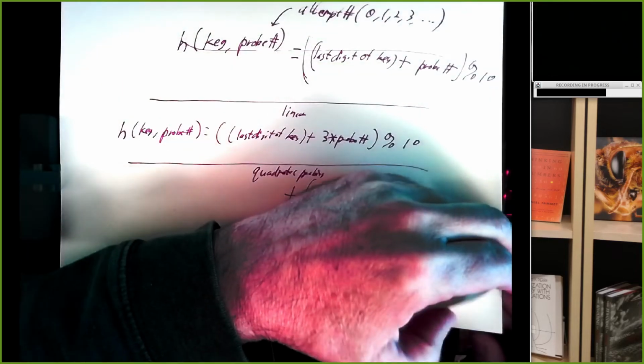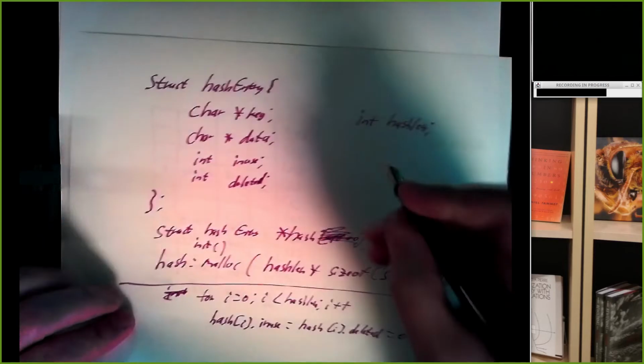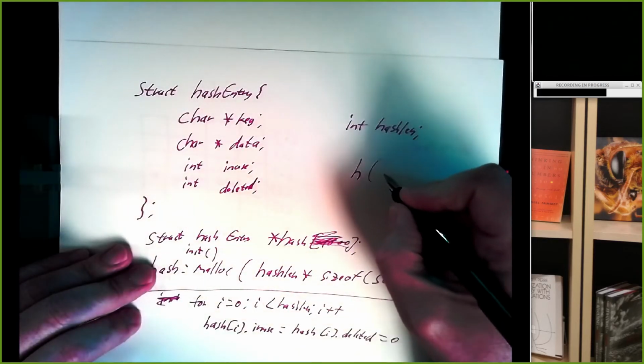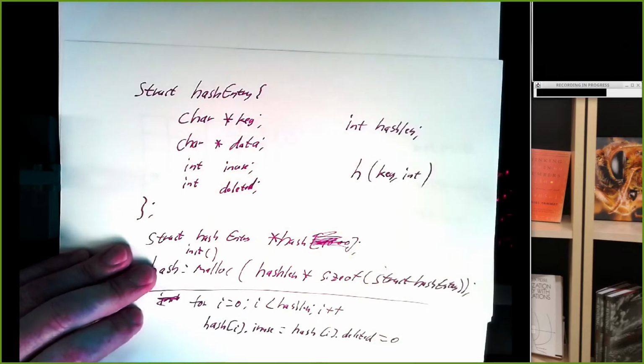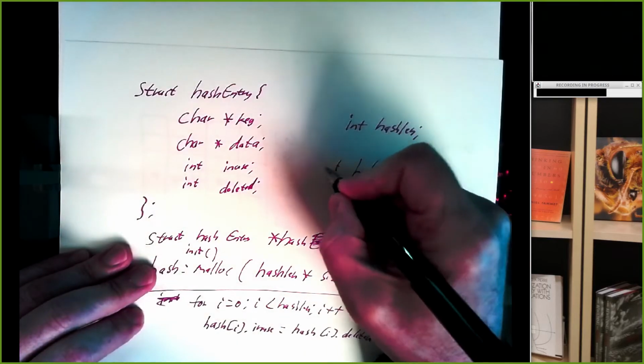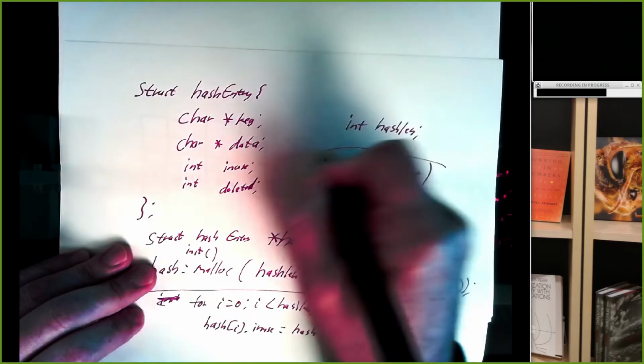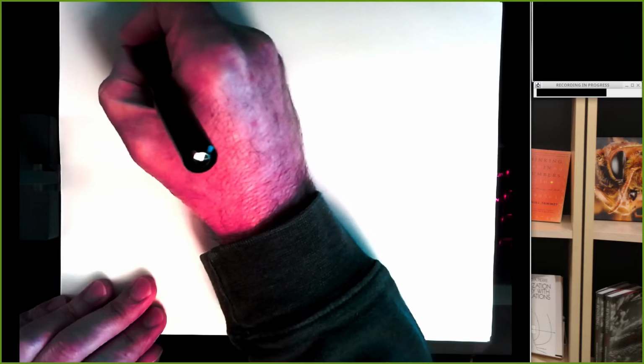All right, so let's put something. And I'm going to assume that I have a hash function h, which takes a key and a probe number, and it returns an integer. So let's look at our put function.